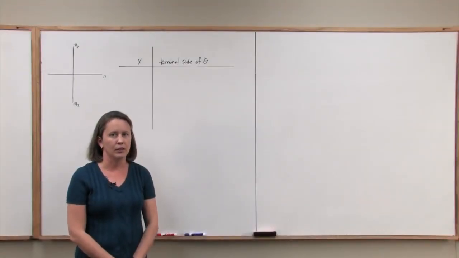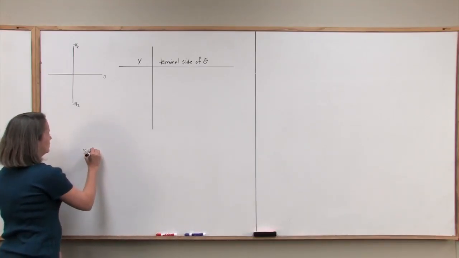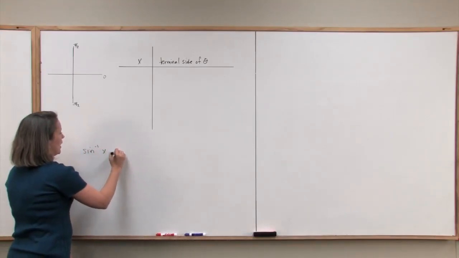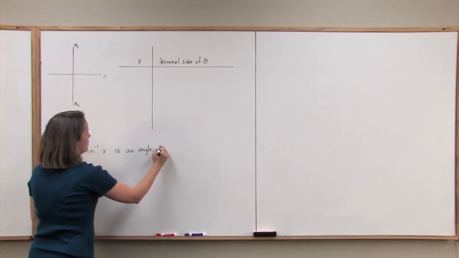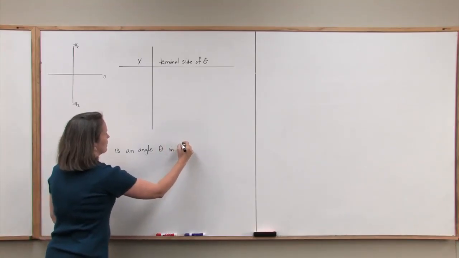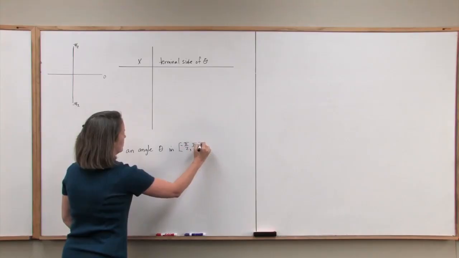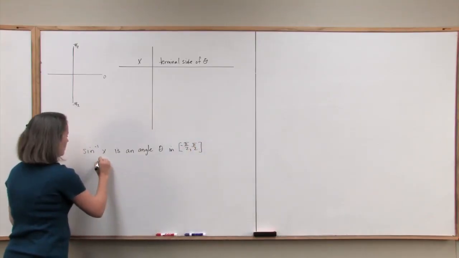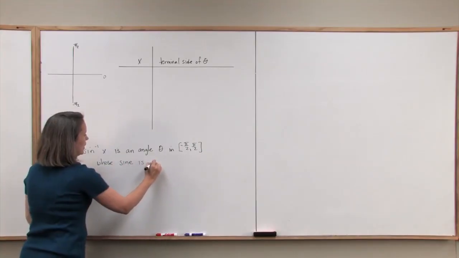The definition of the inverse sine function tells us that the inverse sine of x is an angle. We're going to call that angle theta, in the closed interval -π/2 to π/2, whose sine, S-I-N-E, is x.